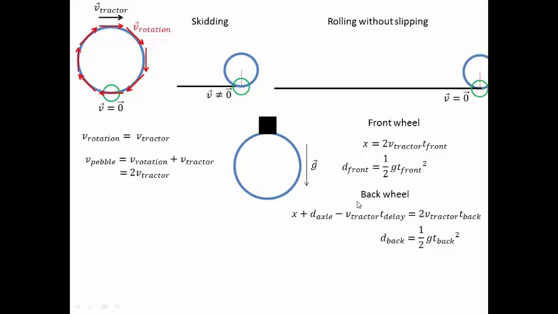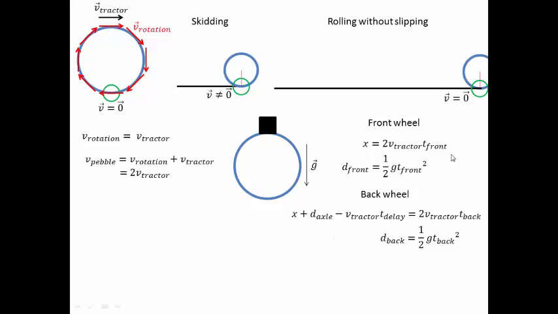And because there is a time delay from the pebble flying off the back wheel compared to that of the front wheel, we also need to subtract the distance traveled by the tractor due to the time delay. So again, this is equal to the velocity of the pebble multiplied by the time spent in the air. And likewise, the height traveled is from the highest point, so the height is equivalent to the diameter of the back wheel.